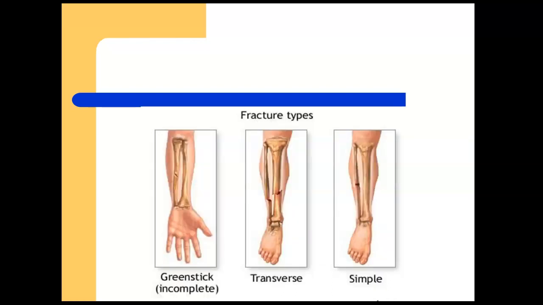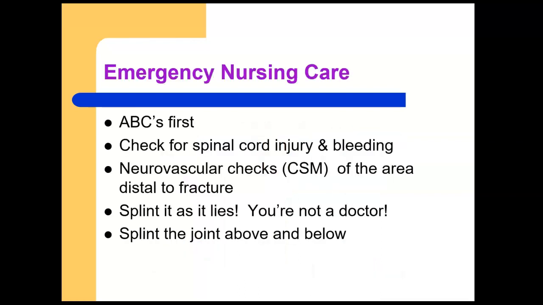Greenstick fractures, it's an incomplete fracture, and there's kind of like a splintering there. So they're incomplete. One side of the bone is broken, and the other side it's flexed, but it's still kind of intact. And then you'll see the transverse and simple.